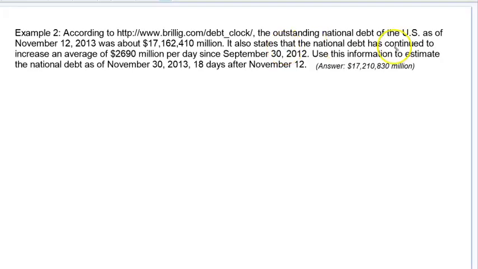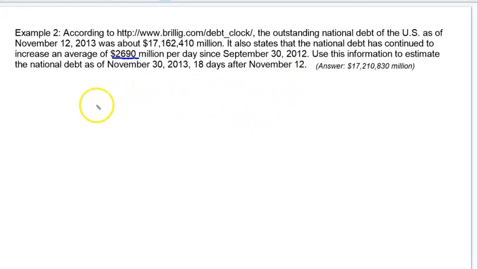It also tells us that it continued to increase at an average of 2,690 million per day since the 30th of September 2012. So that was consistent growth, mostly because of interest per day. So use this information to estimate the national debt as of November the 30th, 2013, 18 days after November the 12th.